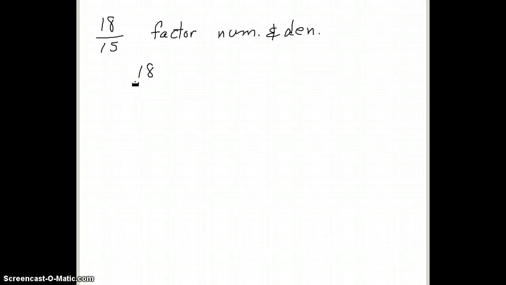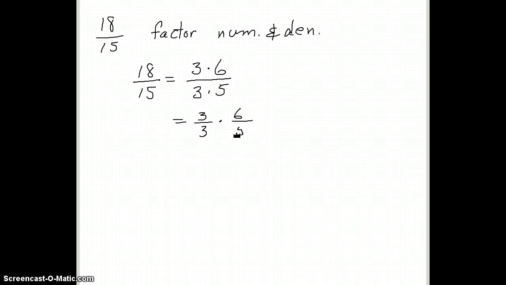I'm going to write 18 divided by 15 and say that's the same thing as 3 times 6 divided by 3 times 5. But we know multiplication, so that's the same thing as saying 3 over 3 multiplied by 6 over 5.